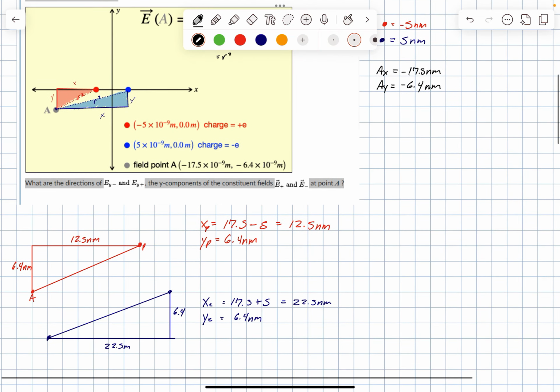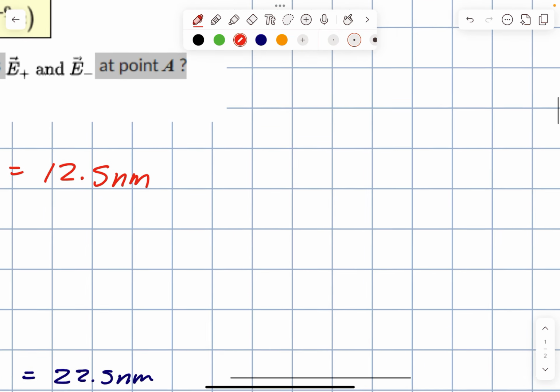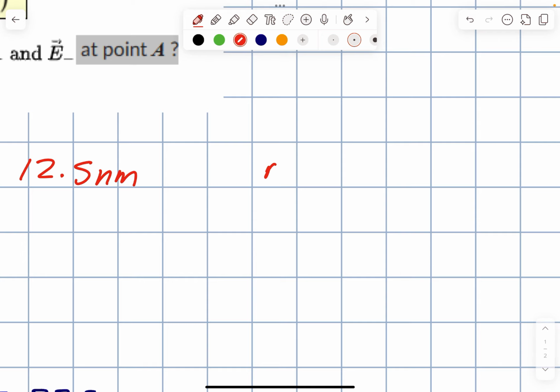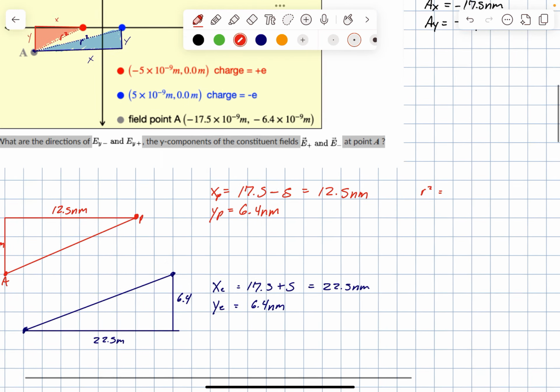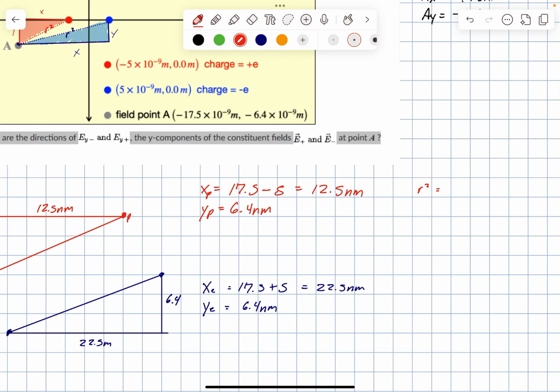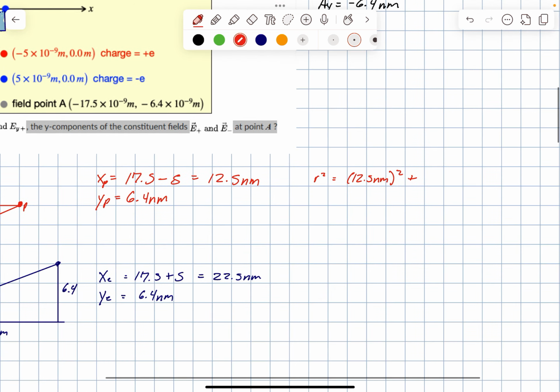So let's work first with our proton. We found that our x-axis side is equal to 12.5 nanometers. We're going to square that, plus 6.4 nanometers squared.